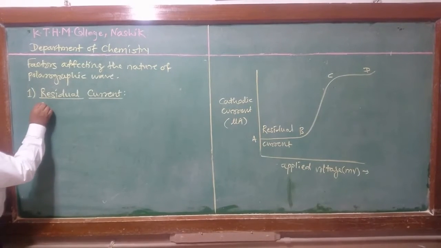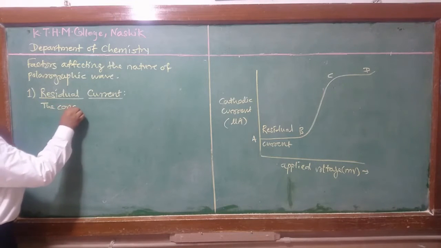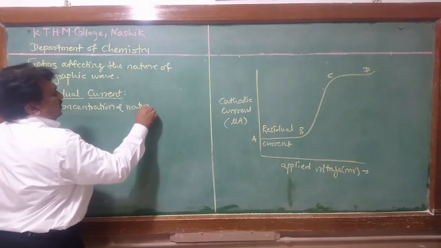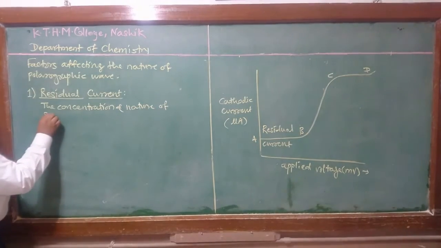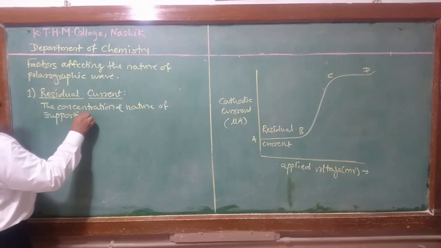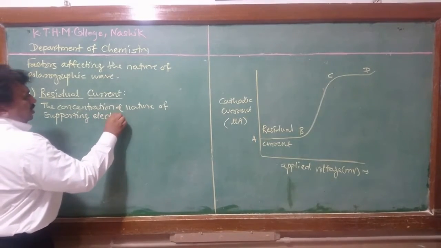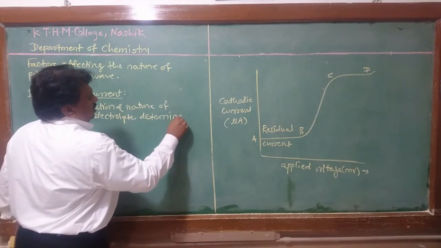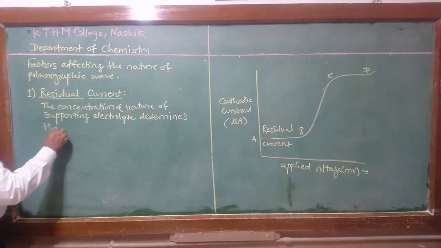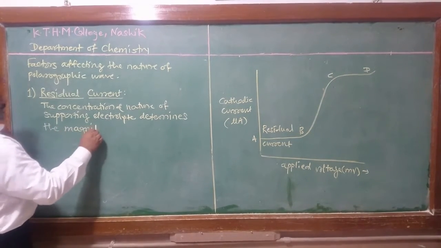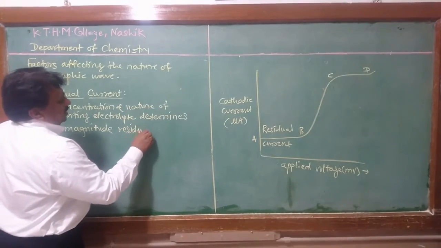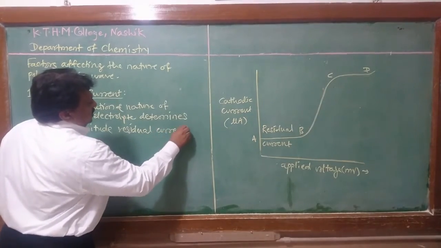The residual current is determined by the concentration and nature of the supporting electrolyte, which determines the magnitude of the residual current.